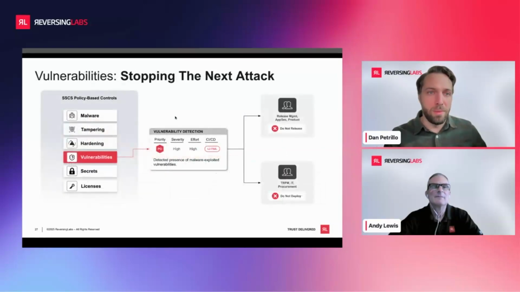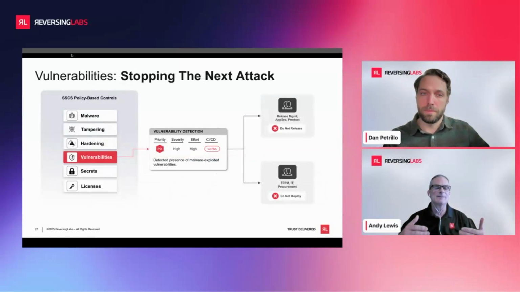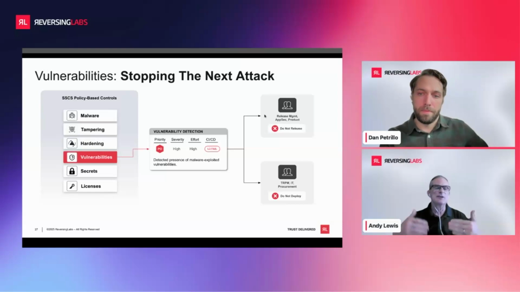So let's take this one home with stopping the next attack with vulnerabilities. Yeah. So again, same concept, right? So vulnerabilities aren't the whole show, but they are important. There are two things that we can help you with here. One, if you're somebody that's building software and you're detecting a vulnerable version of Log4j in your release, for example, but that vulnerability isn't actually surfaced, you can do a VEX statement.